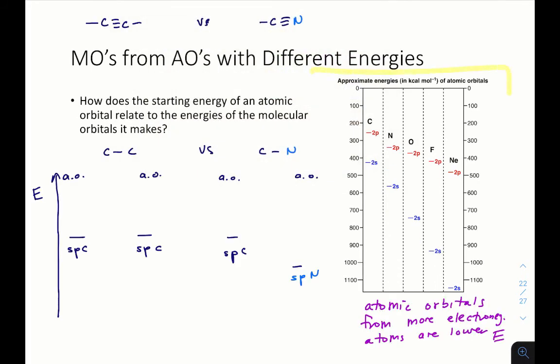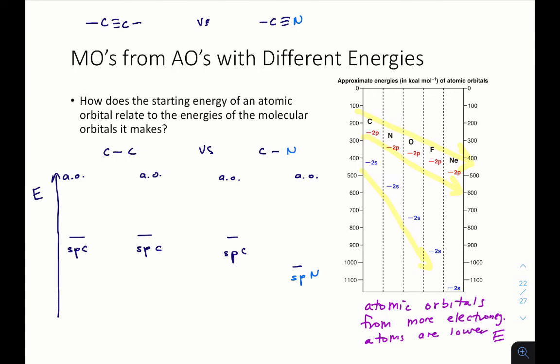You may recall from general chemistry that atomic orbitals from more electronegative atoms are lower energy than the atomic orbitals from less electronegative atoms. As we proceed across row 2 of the periodic table, we can see that the energies of the 2p and 2s orbitals of those atoms decreases.